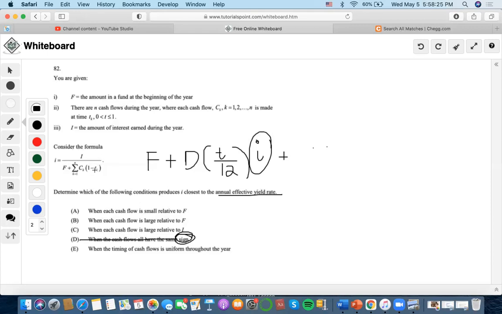And wouldn't this create a bigger fraction to compute as this I? So no, I think that one is out.